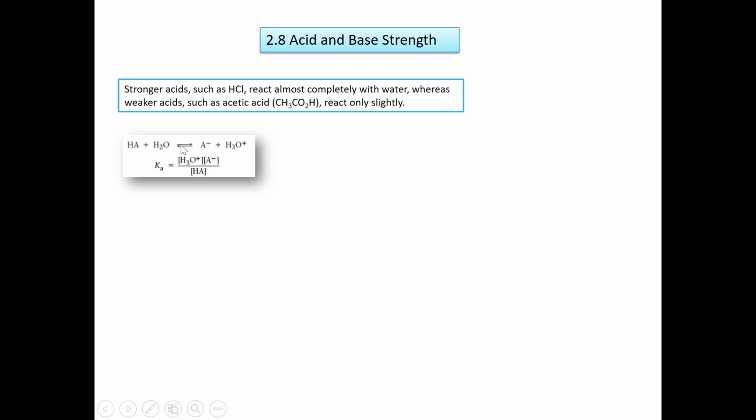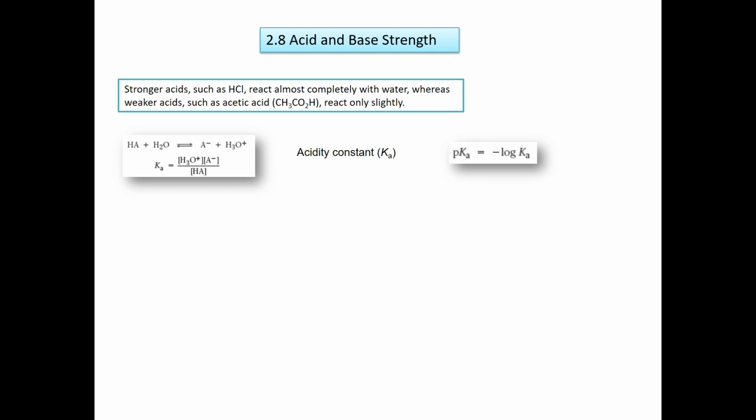In this case, because water is the solvent, I didn't consider it in the equation. It's a constant that I can put in the K.